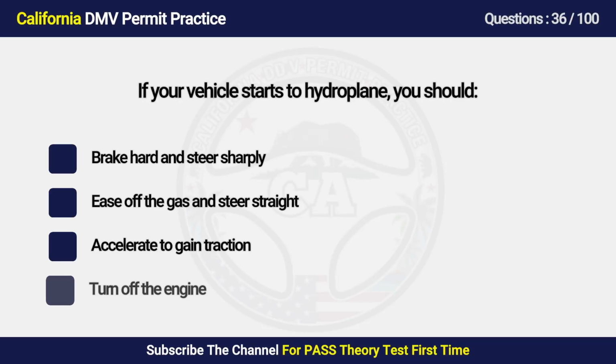Question 36. If your vehicle starts to hydroplane, you should A, brake hard and steer sharply, B, ease off the gas and steer straight, C, accelerate to gain traction, D, turn off the engine.